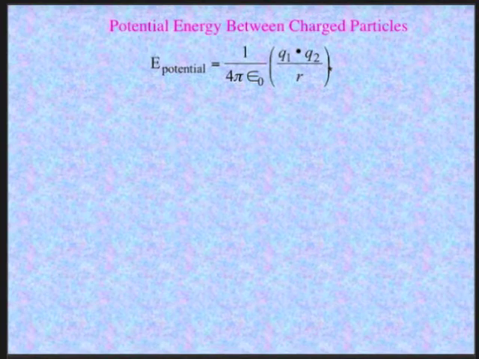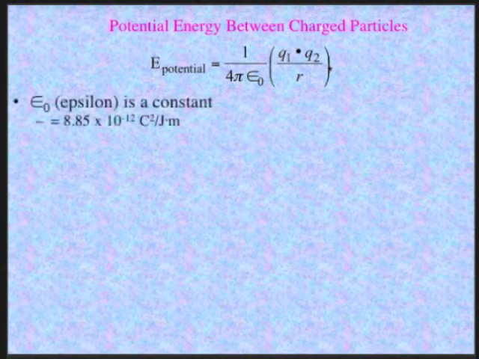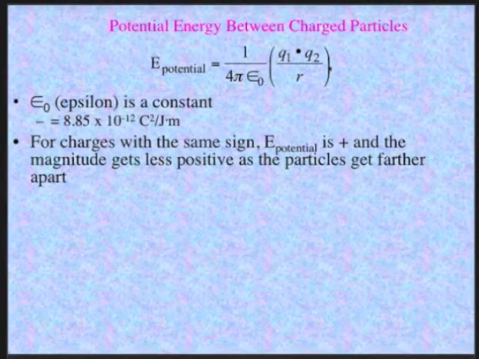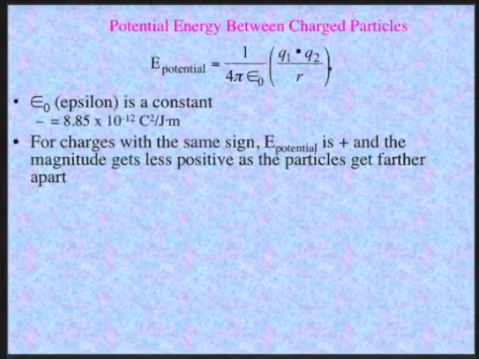That's the product of the charges divided by the distance. So for charges with the same sign, potential energy is positive and the magnitude gets less positive as the particles get further apart.